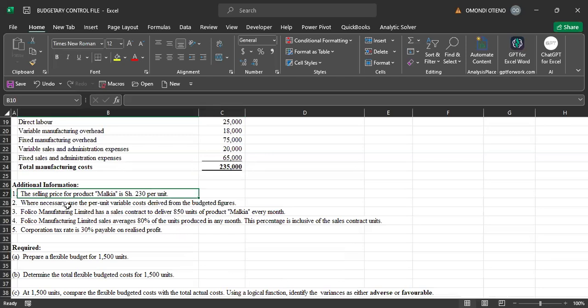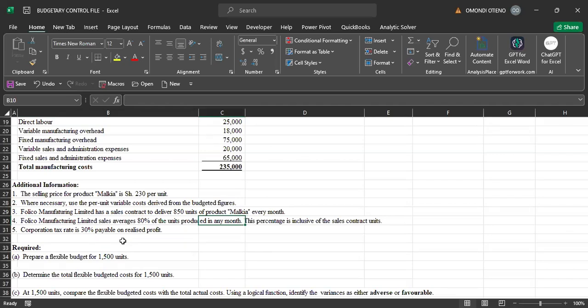Where necessary, use the per unit variable cost derived from the budgeted figures. Folico Manufacturing Limited has a sales contract to deliver 850 units of product Malkia every month. Folico Manufacturing Limited's sales average 80% of the units produced in any month, right? So their sales is an average of 80% of the units produced.